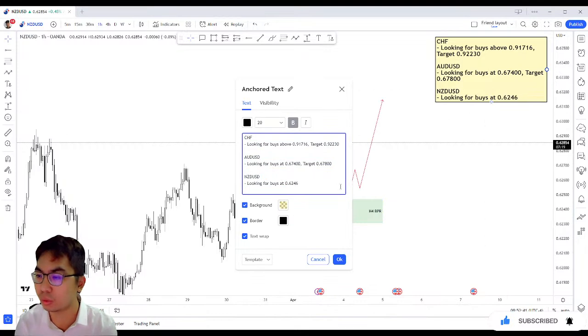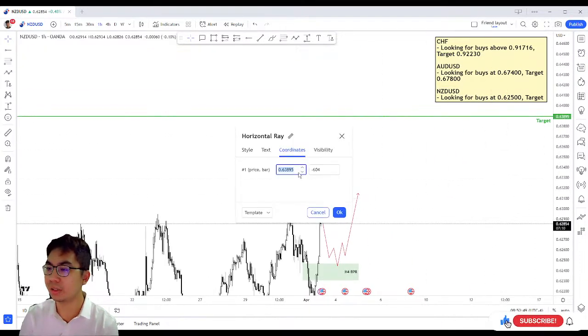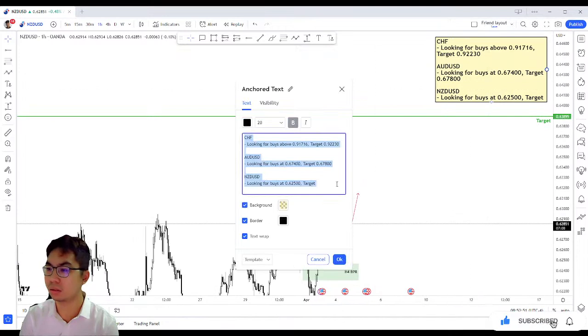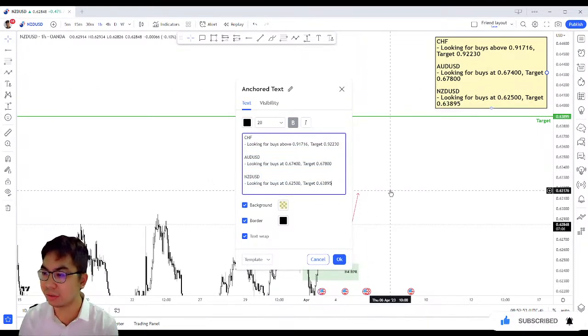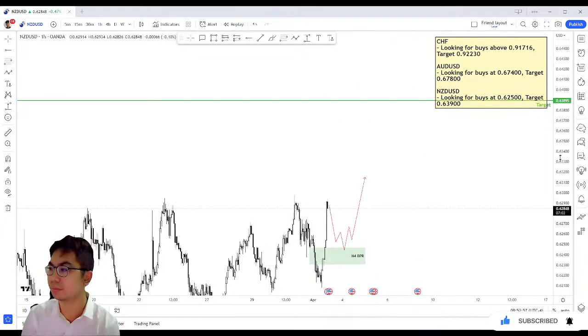I'll put this towards the whole number, 500 targets, possibly, as I mentioned, the daily relative equal high. Target at that area right there, so I'll turn it into a whole number.